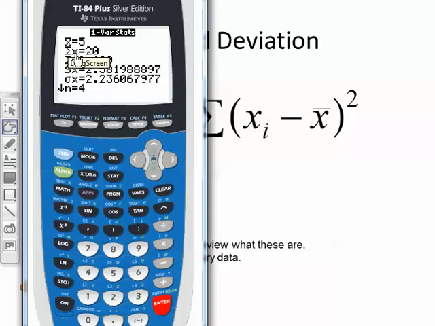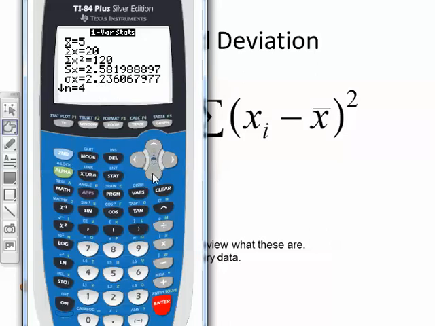The sigma of x, that's the sum of all the numbers that I had out there. This sigma of x squared, that's just x squared summed up, right? You see this sx right here and this sigma x? Those are the numbers for the standard deviation of the sample and the standard deviation of the entire body, if this was an entire population that we were looking at.